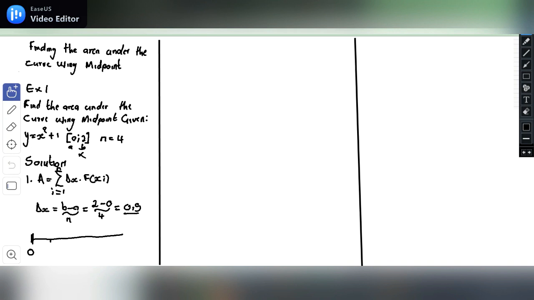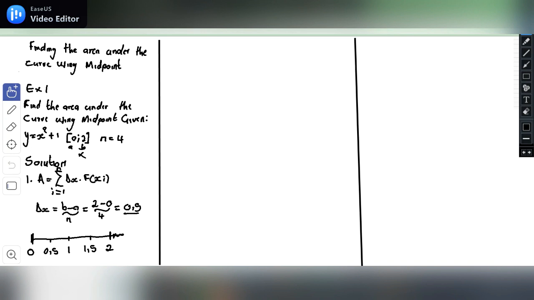So 0 plus 0.5 gives us 0.5. Then 0.5 plus 0.5 gives us 1. Then 1 plus 0.5 gives us 1.5. And then 1.5 plus 0.5 gives us 2. We end here because the last point is 2. Right?